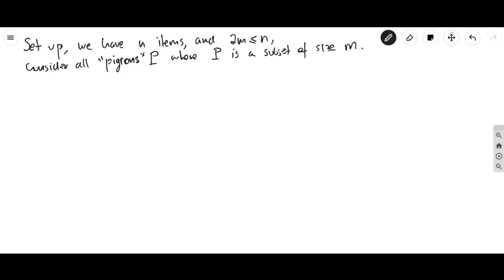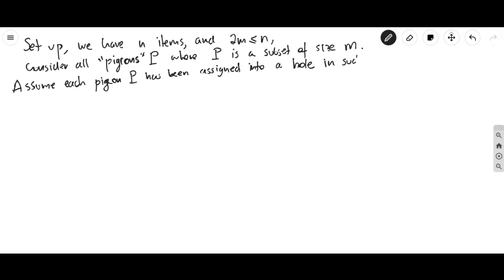Okay, and we're also going to assume each pigeon P has been assigned into a hole in such a way so that if, let's say, P and P prime are two pigeons in the same hole, then P and P prime overlap.